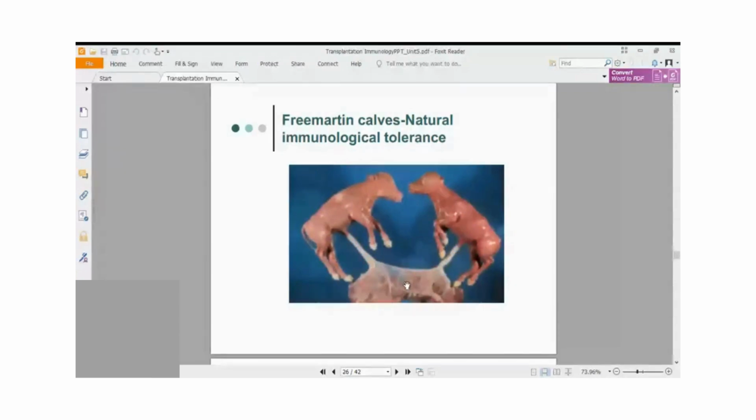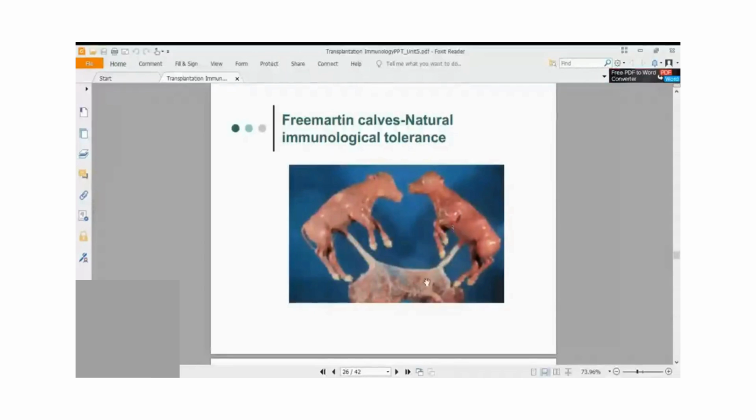I hope you are understanding that, because the umbilical cord is connected to the single placenta, whatever antigens of one calf come in contact in the placenta can also be sampled by the other calf. So imagine that the situation becomes much easier if the single umbilical cord was originating from the placenta and bifurcating into two and joining these two fetuses.